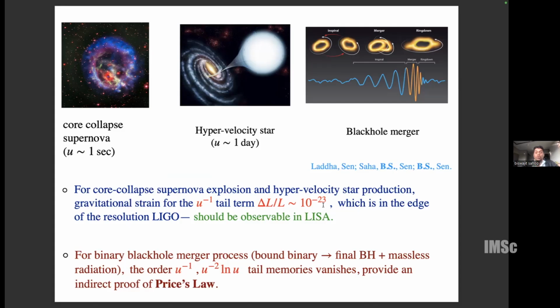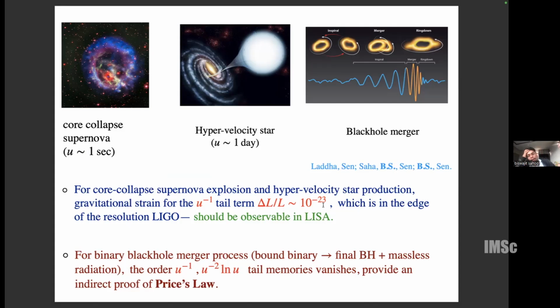But we hope to observe it in LISA, if some such events happen in future, because this order of magnitude will be within reach of the resolution of LISA, which will be placed, I think, by 2040 by the European Union in space. Yeah, I hope that it should be observed.